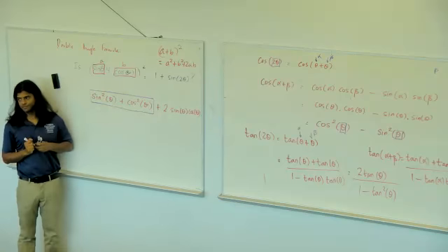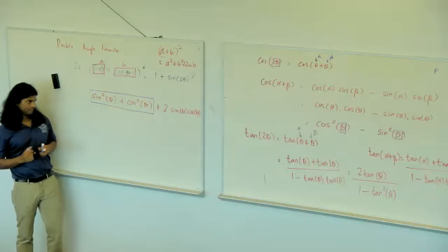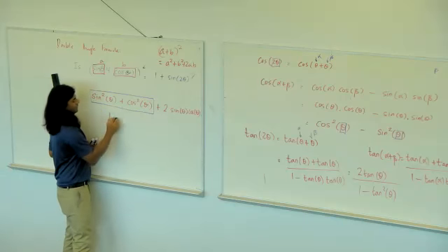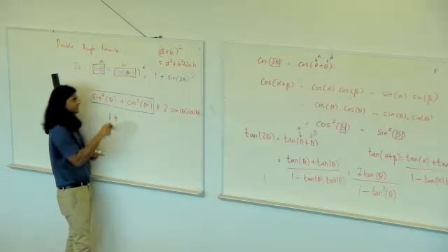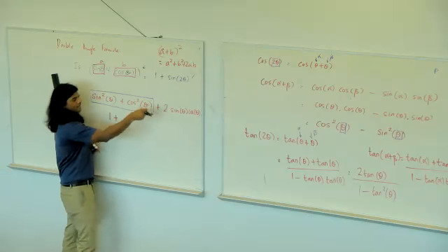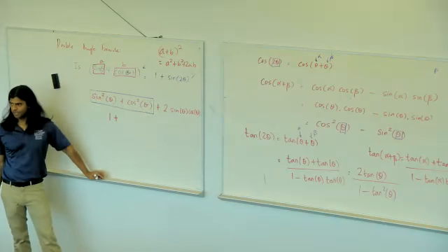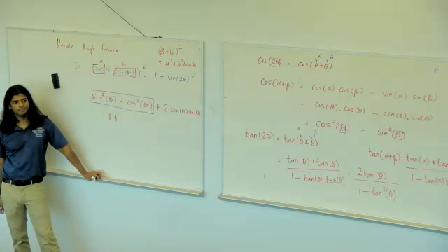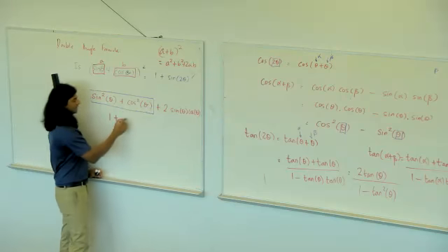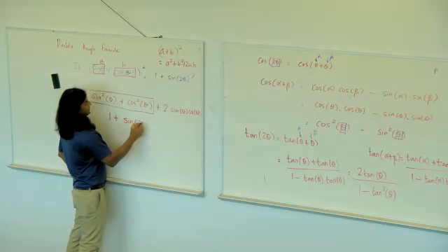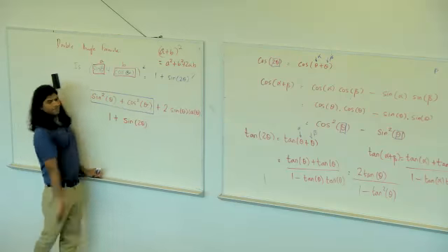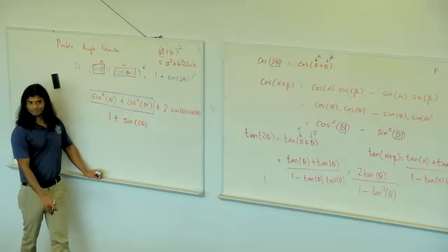What would the first two become? 1. And what is 2 sine theta cosine theta from earlier? Sine 2 theta. Does it match the right hand side? Yes.